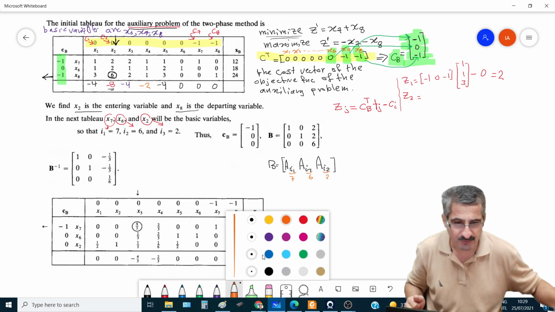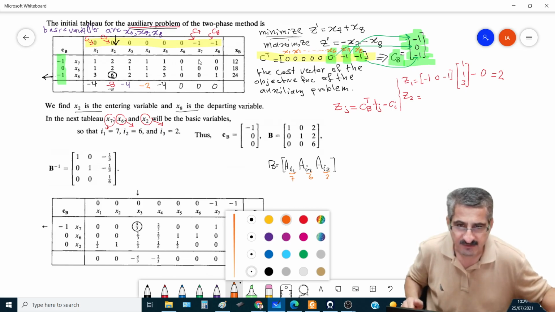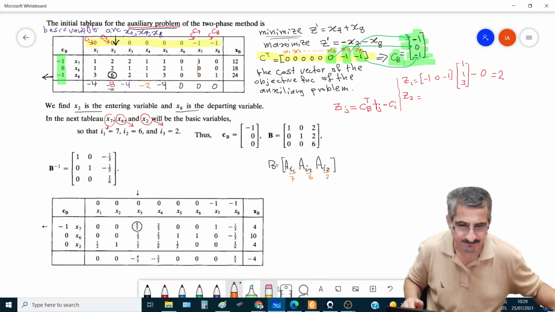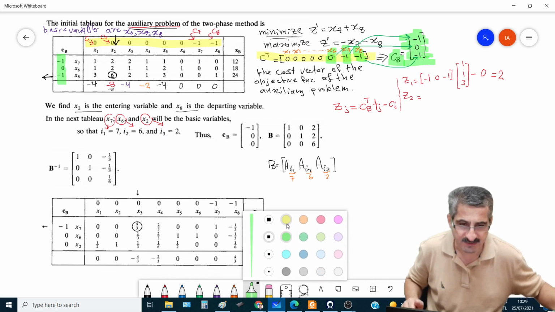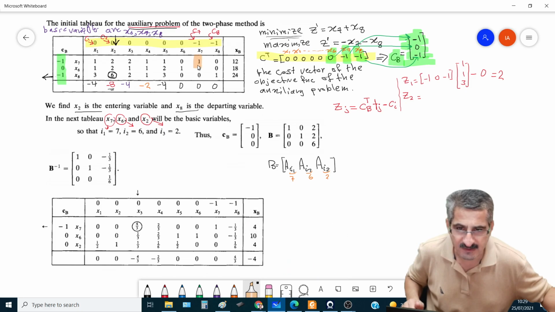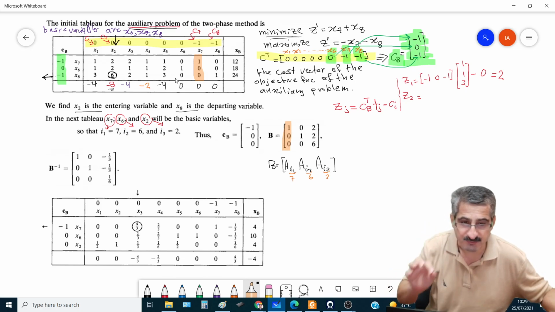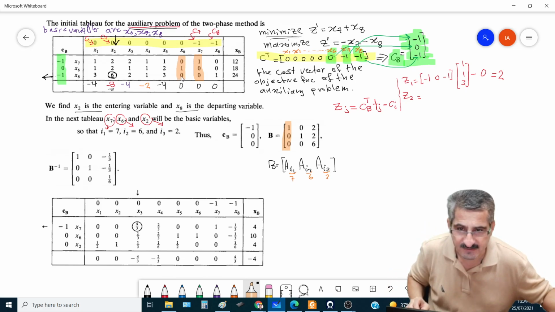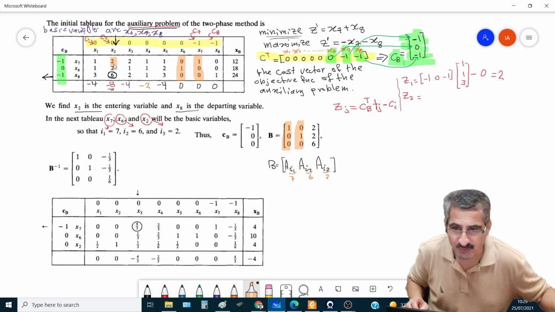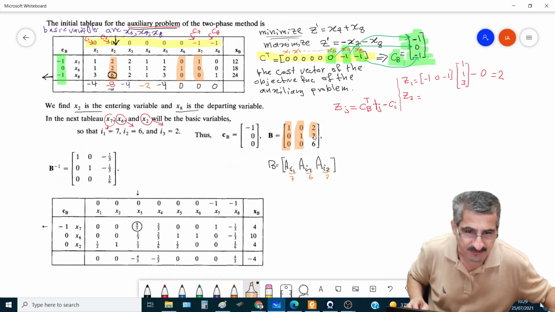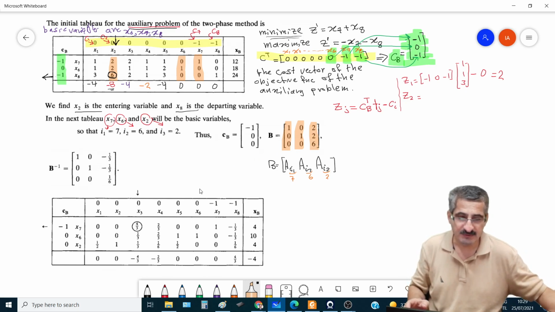So we will take I7, put it here, in that order, remember the order, and then I6, put it here, and then I2, put it here. Good? Good.